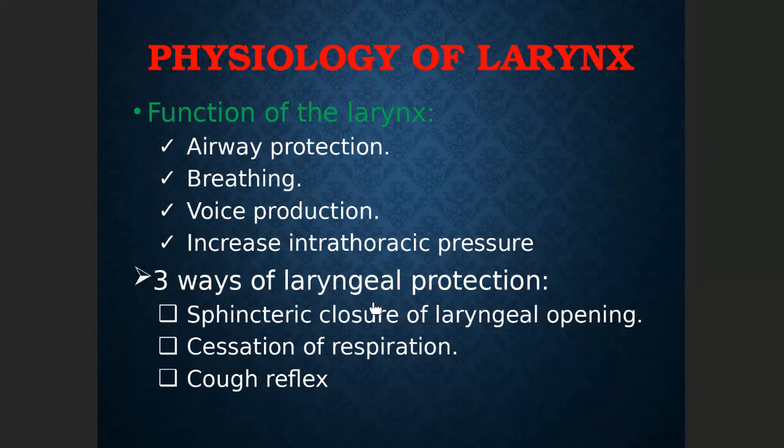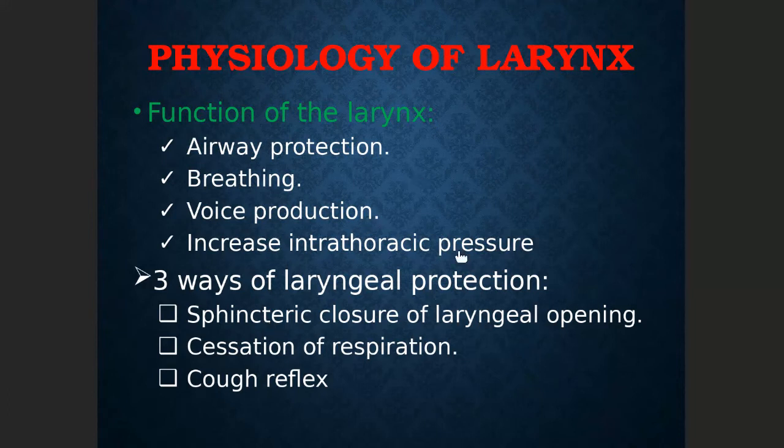All the sphincters of the laryngeal opening, like the vocal cord, epiglottis, and even the false vocal fold, which is the vestibular fold we mentioned; cessation of respiration; and the cough reflex. So even stopping respiration leads to protection. Also, if you have any aspiration, it leads to the cough reflex.